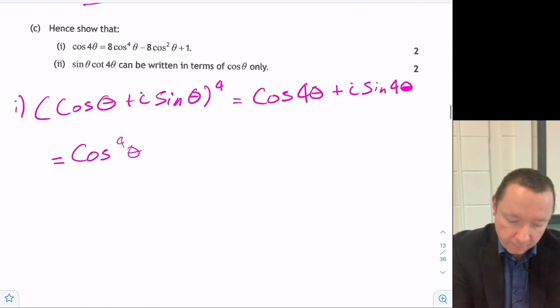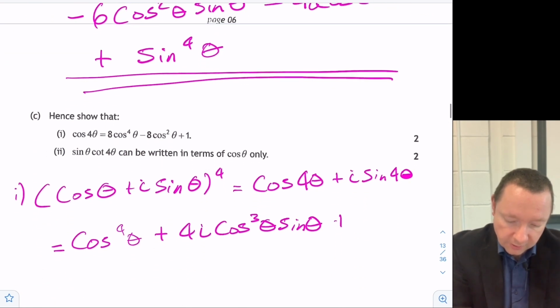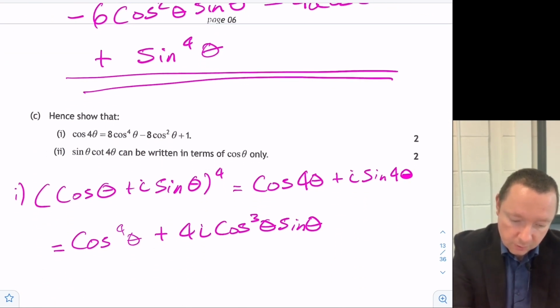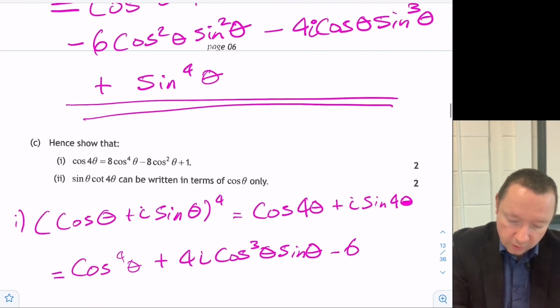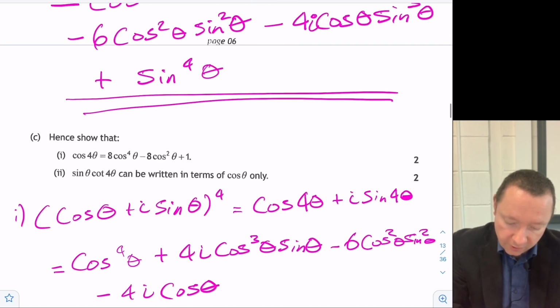And from the expansion, that equals plus 4i cos cubed theta sine theta, minus 6 cos squared theta sine squared theta, minus 4i cos theta sine cubed theta, plus sine to the power of 4 theta.